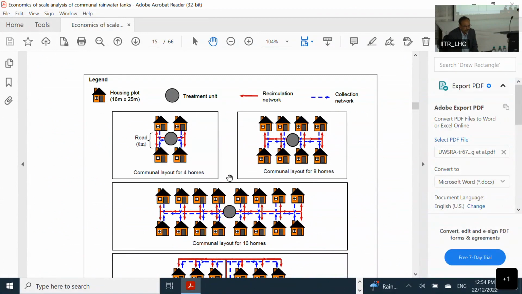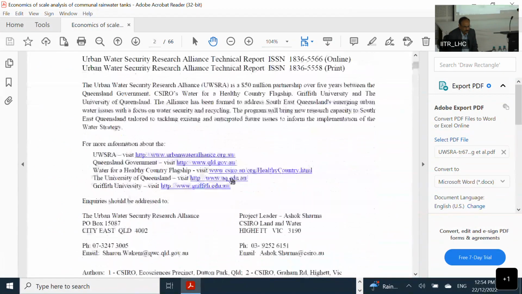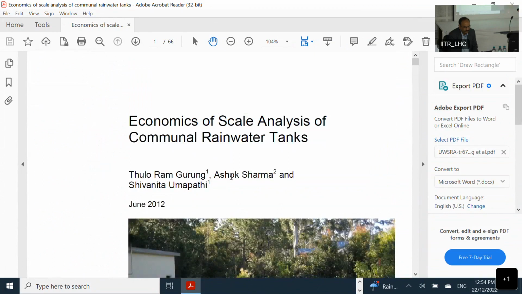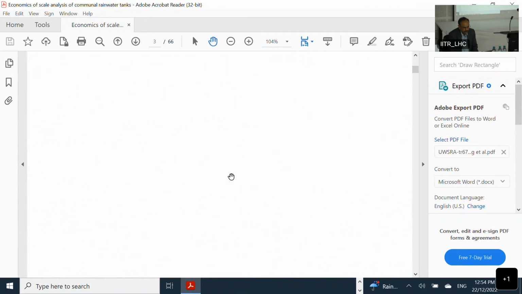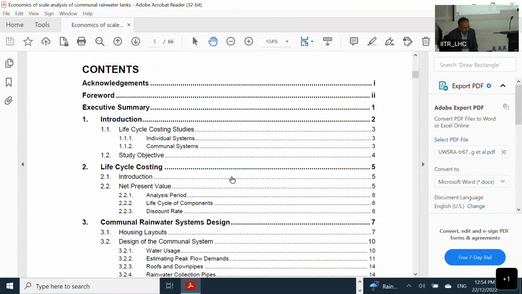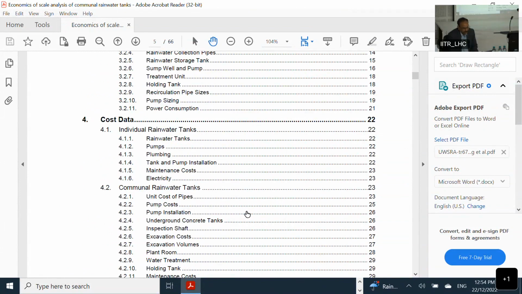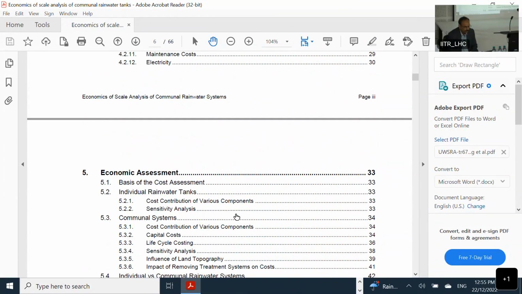This is a complete report which will be of interest to you, and very detailed information has been provided, starting from how we did the costing, the formulas, discount rate, the design, layout, and what costs we used for pipes, pumps, installations, concrete tanks, inspection shafts and everything. So all that information is available.